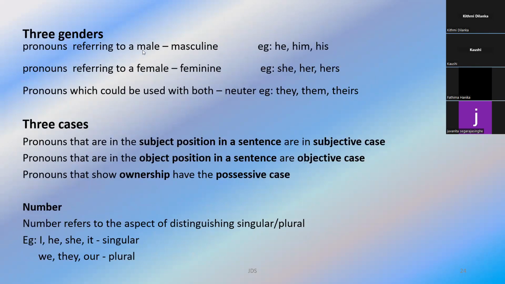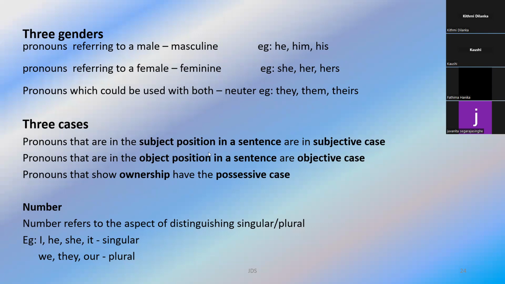Pronouns that refer to the masculine gender, feminine gender, and then the neuter ones. They with both masculine, feminine, you can use them. They, them, and theirs.